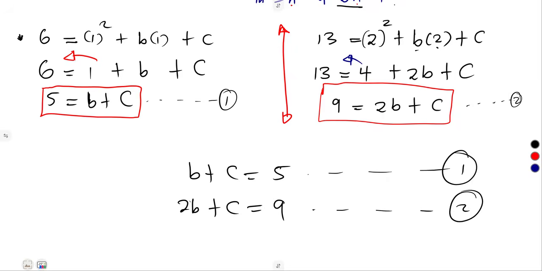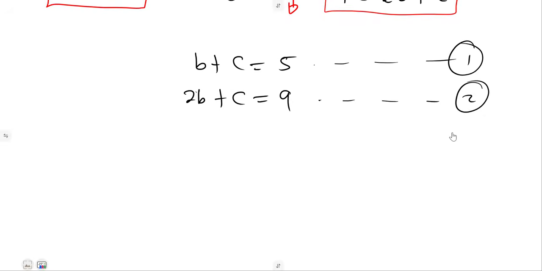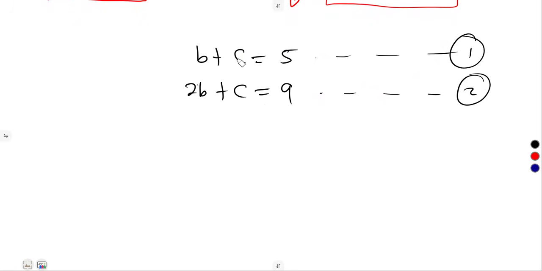That's our second equation. Elimination is the best because we already see that the coefficient of c here is the same, 1 and 1. So simply subtract equation 1 minus equation 2.